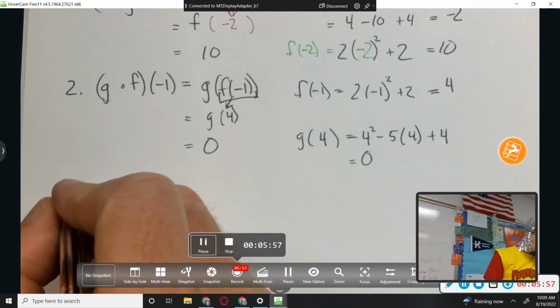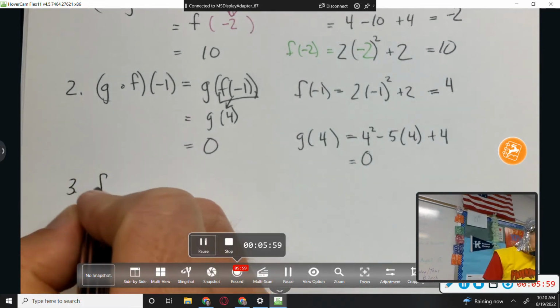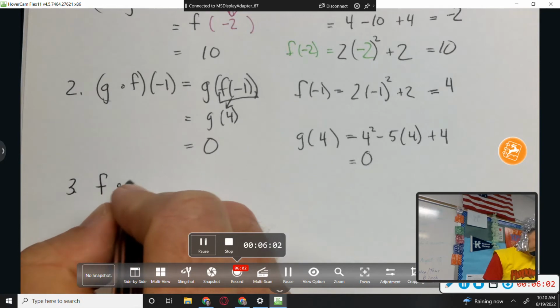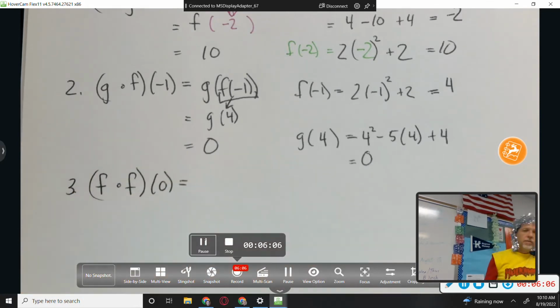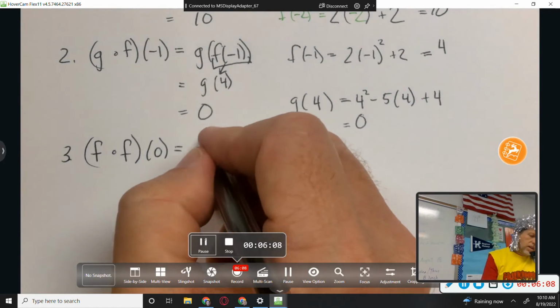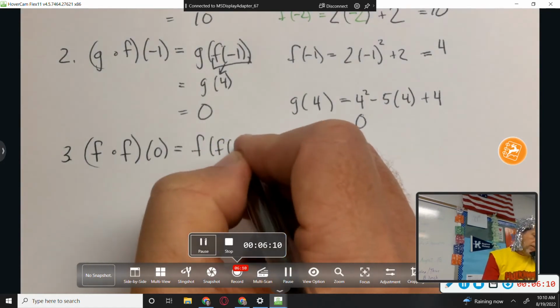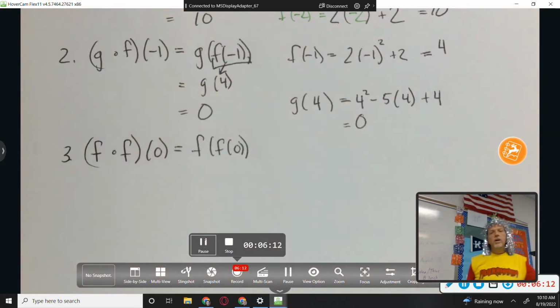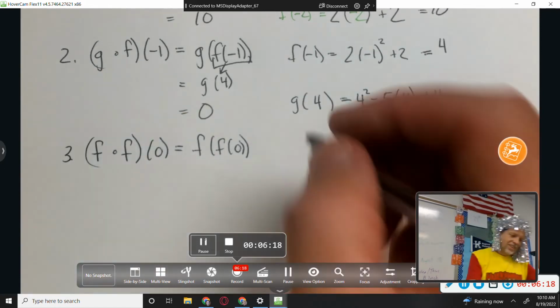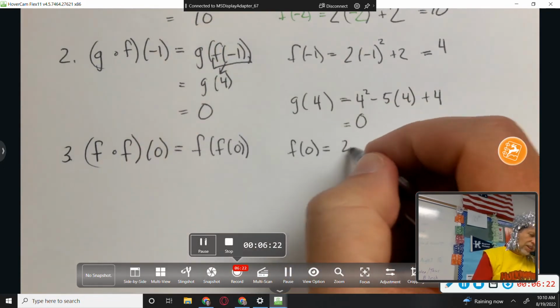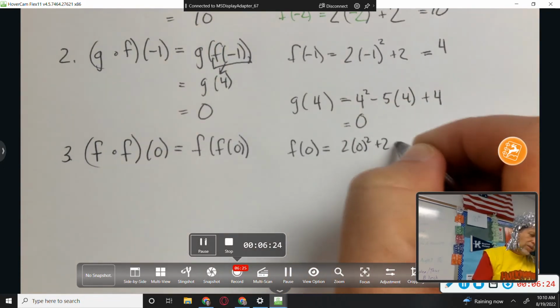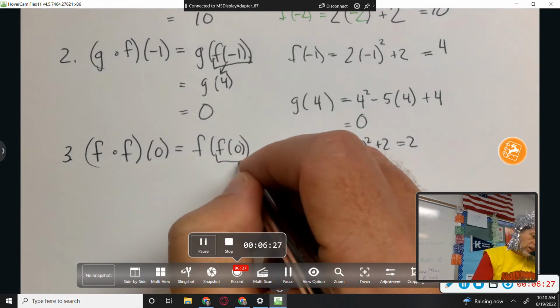Let's try one more of this type, because sometimes this messes people up. f of f of 0. What do you think we should find first? f of 0. So f of 0, that's pretty easy. 2 times 0 squared plus 2 is 2.